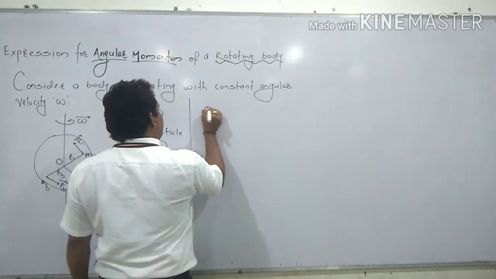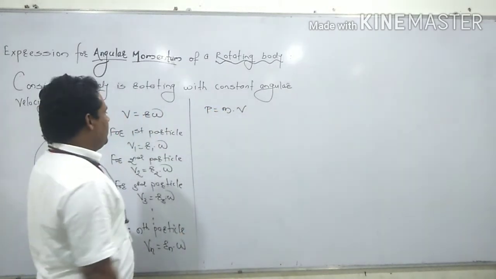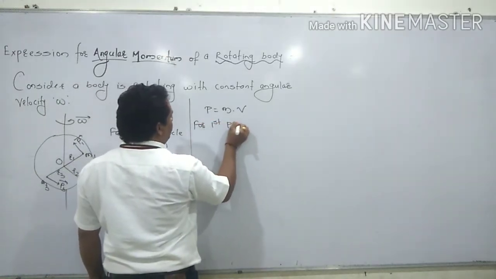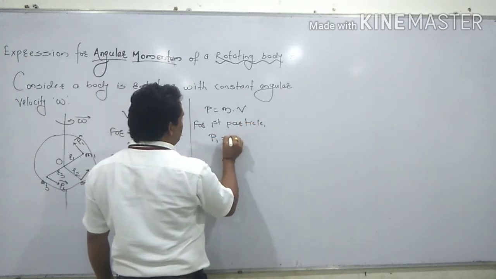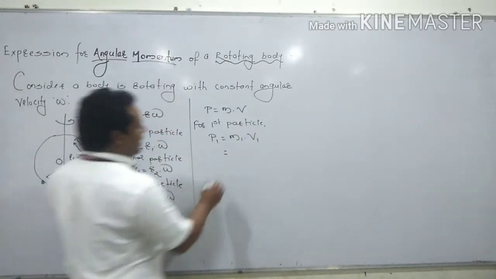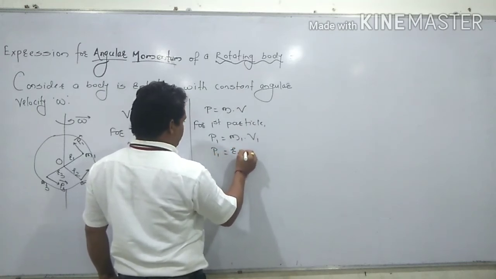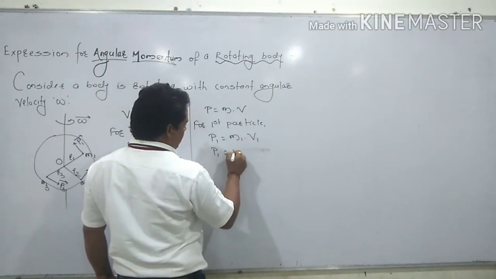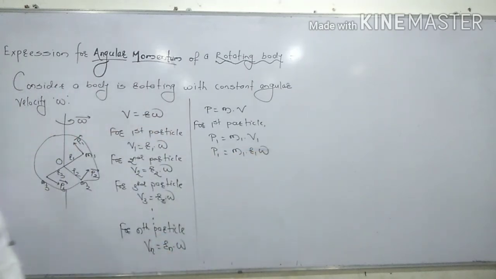Then linear momentum is given by P is equal to mass into velocity. So for the first particle, linear momentum is given as P1 is equal to m1 V1, but we have the formula V1 is equal to R1 omega.